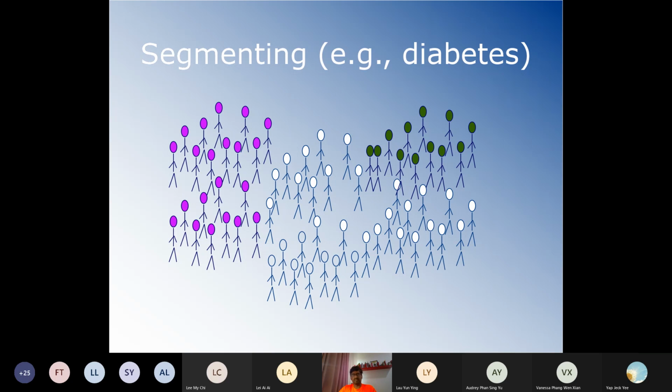Some people with diabetes will be more on choosing the natural remedies. Some people will be more on choosing the lifestyle. Some people will be more on choosing the conventional medicines. Some people will be in the early stages of the diabetes. Some people will be in the severe stage.